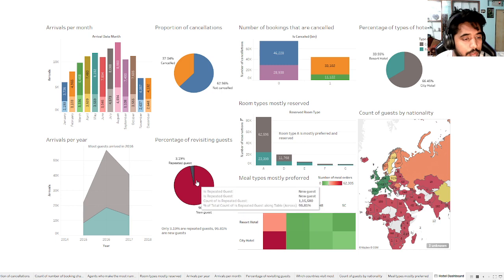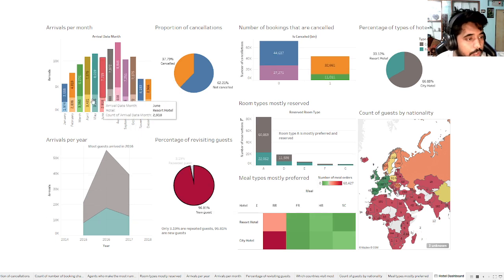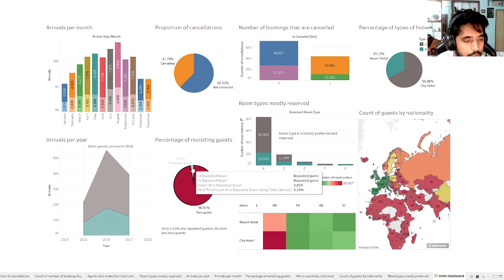If we click on the percentage of revisiting guests, for new guests we want to see the other charts, so we click on new guest and the chart again changes. These are the new guest arrivals, and we can see that new guests arrive mostly in the April to October half year.